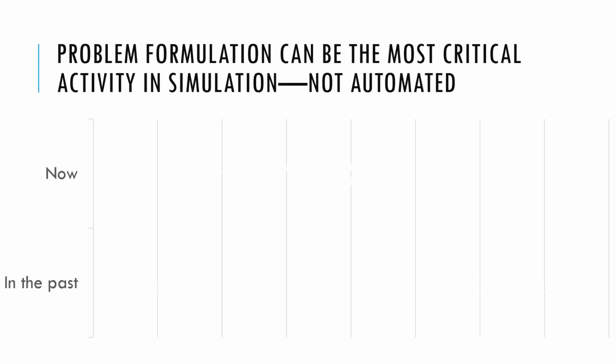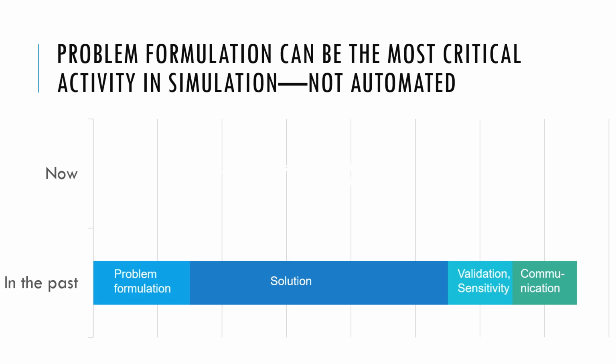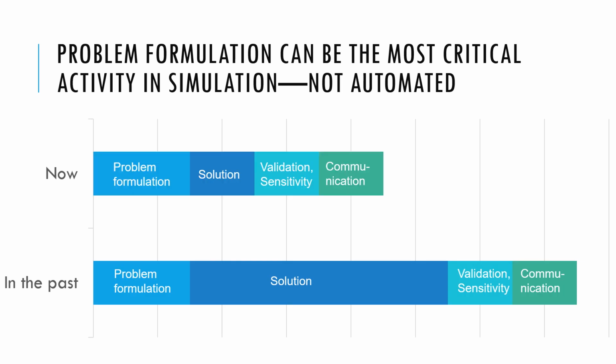Here is a very conceptual graph, not to be taken quantitatively, of the time and effort needed in various stages of the modeling process in the past compared to now. The primary point to make here is it is the solution process that has been affected the most by all the developments in computing.